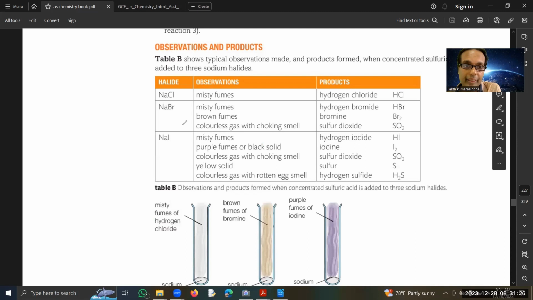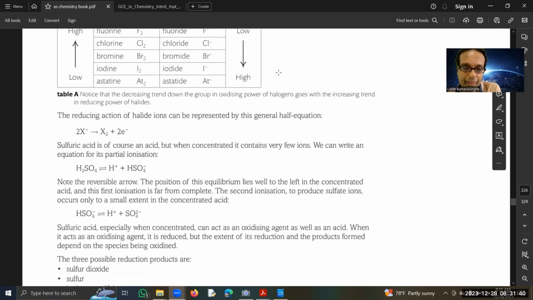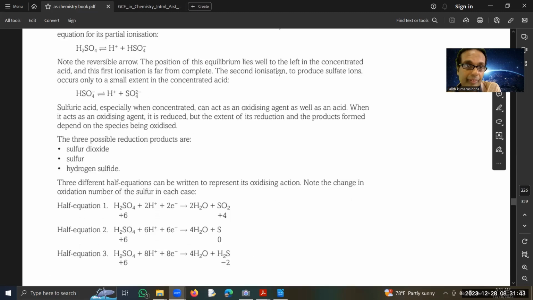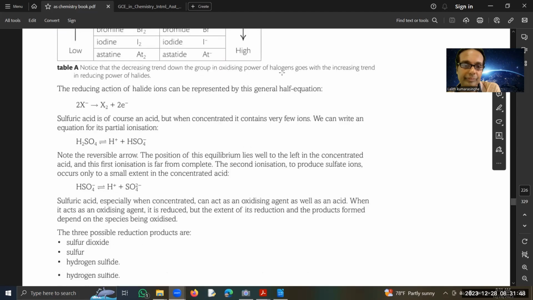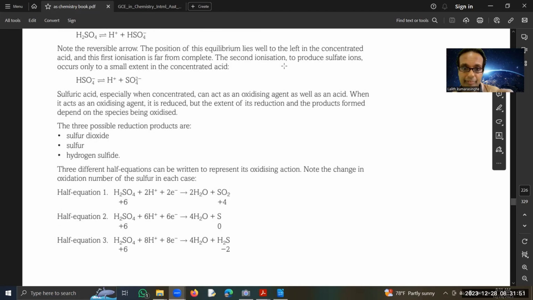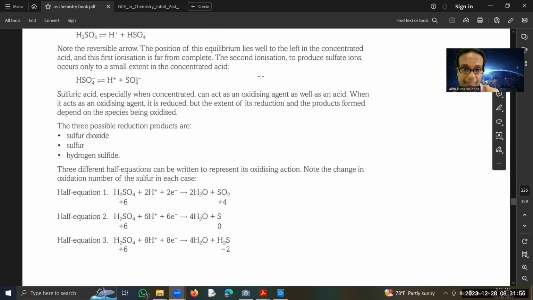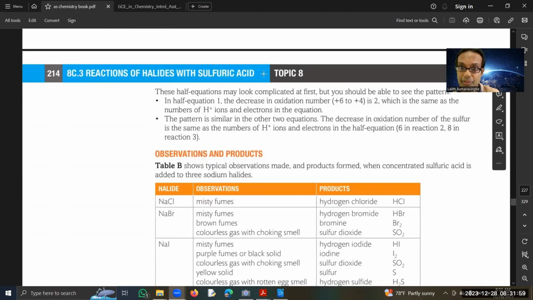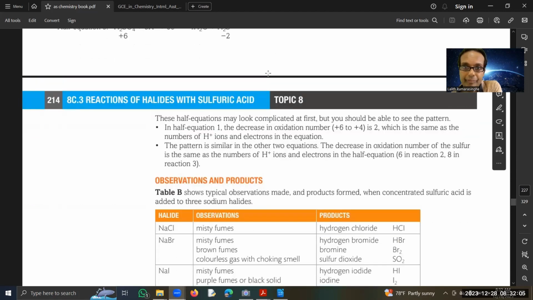Now we'll take bromide with sulfuric acid. So it will reduce sulfur dioxide. Okay, I'll tell you how to write these equations and combine them.